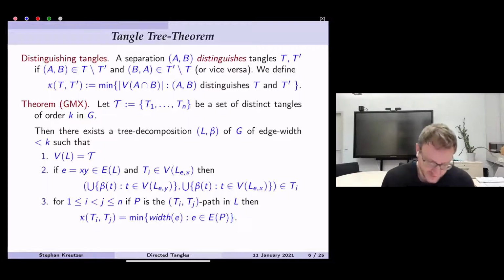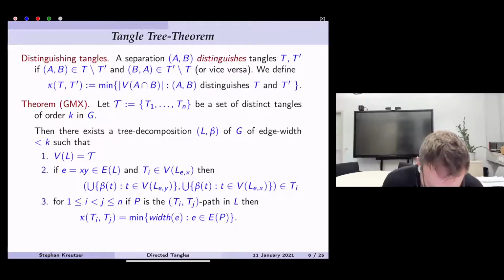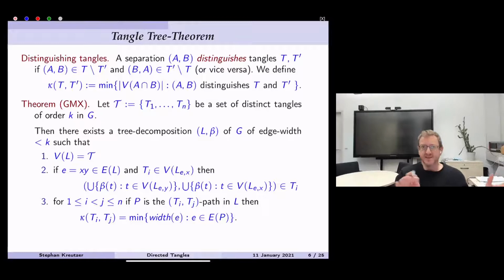Okay, now that we have tangles, of course the next question is, can we actually decompose the graph into its tangles? And so here's a bit of notation that I'll use quite a bit later. If we have 2 tangles, T and T prime, then a separation AB is said to distinguish the 2 tangles if one orientation, let's say AB, is in T but not in T prime, whereas the opposite orientation is in T prime but not in T. So there's a separation, and T sits on one side and T prime sits on the other side.